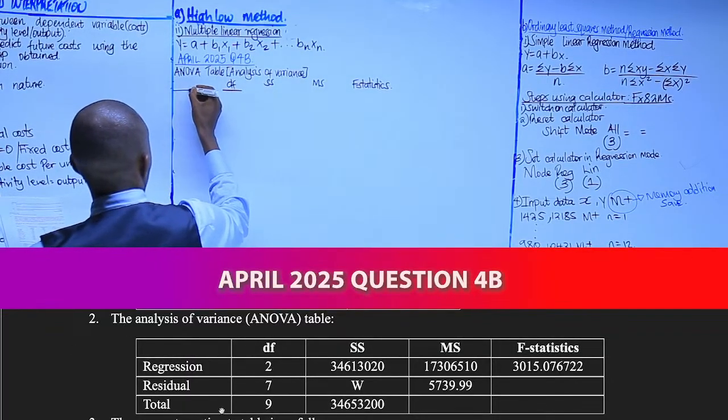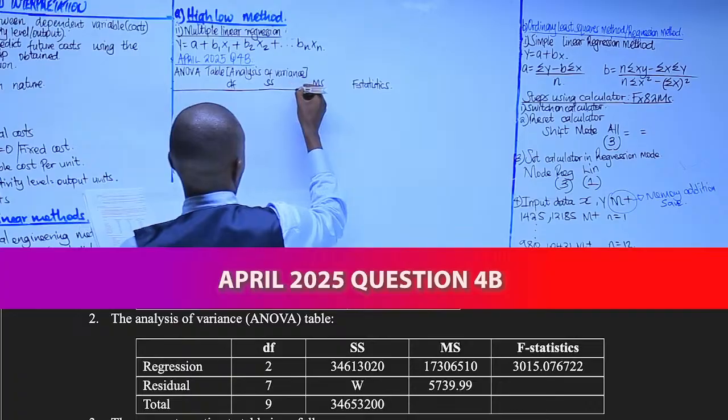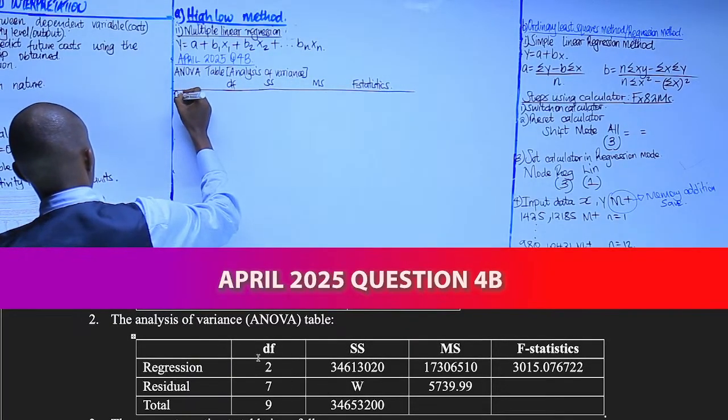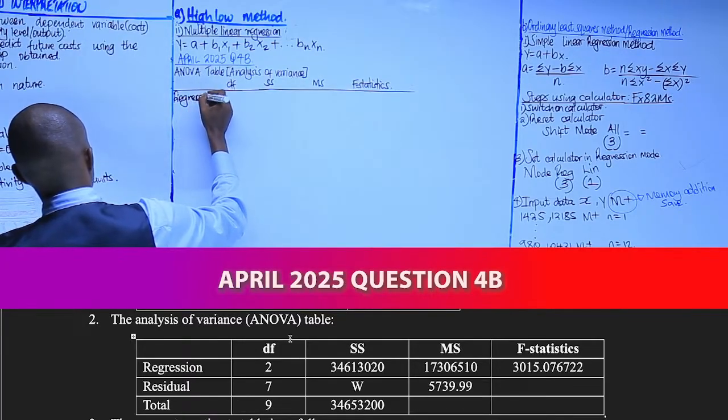When you're given an ANOVA table, I want to show you how you get your regression equation. So you have your regression, which is also known as model.